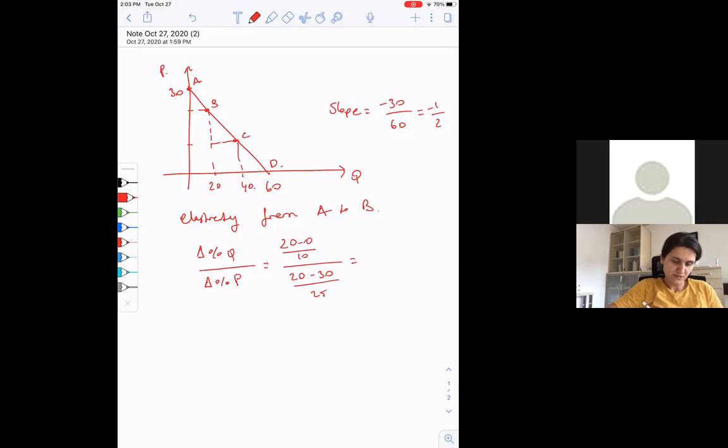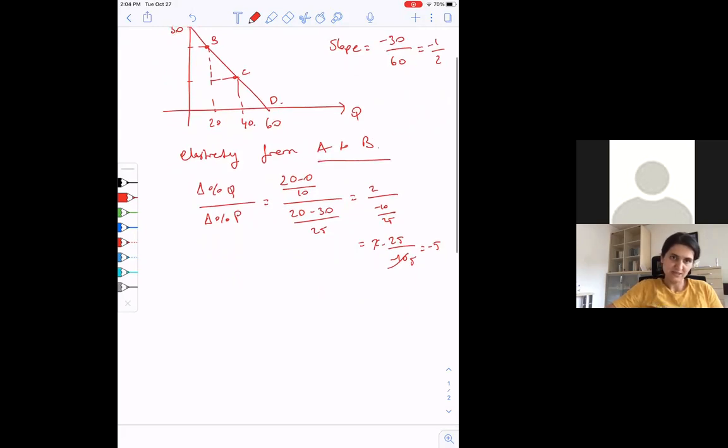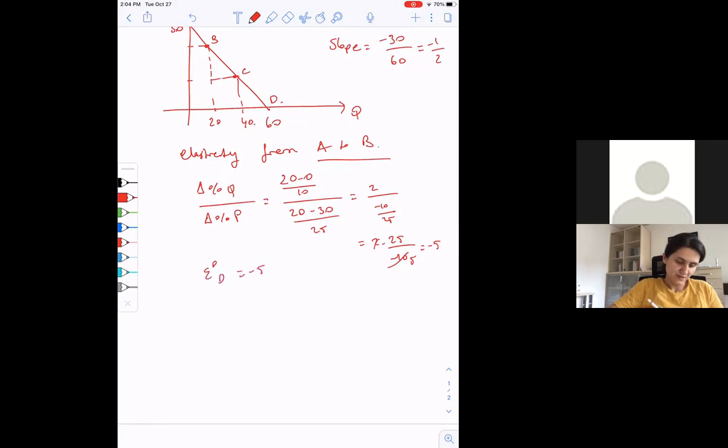So this is 2 over minus 10 over 25, so 2 times 25 over minus 10, this is minus 5. So from A to B, elasticity is minus 5. Price elasticity of demand is minus 5. It's quite elastic. If this is bigger than 1, we say that it is elastic.